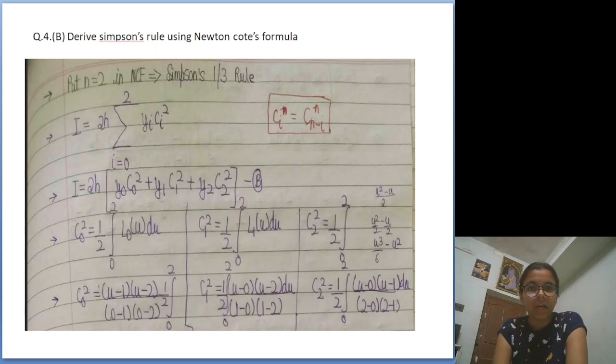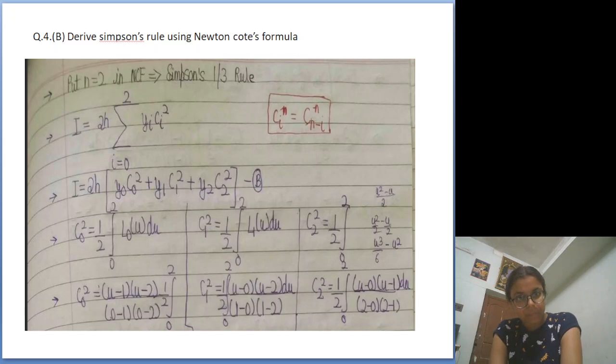As you can see, we have here the Newton-Cotes formula. In this formula we would put the value of n as 2.